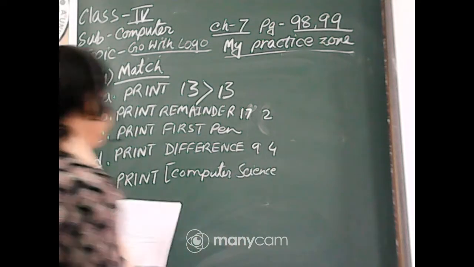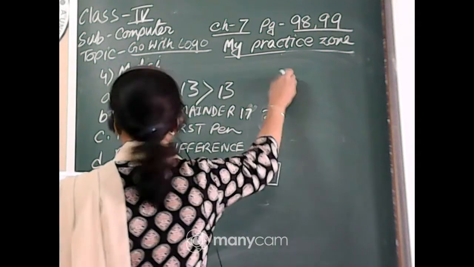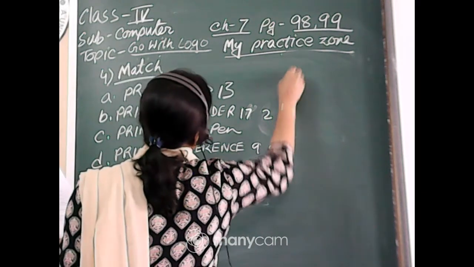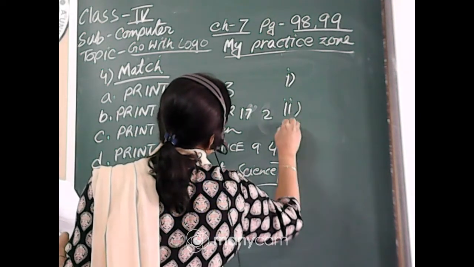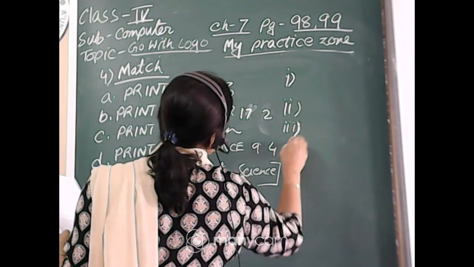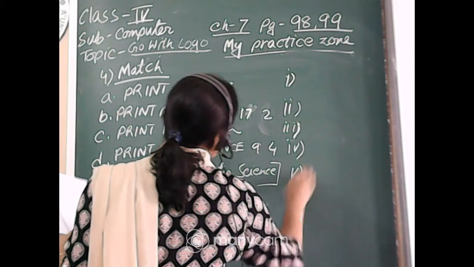And on the right side it is given 1, 2, 3, 4 and 5.